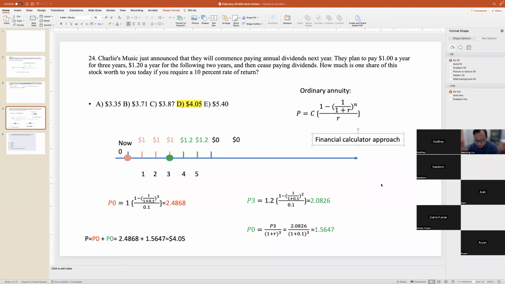And then you go with NPV, right? The I, which is the discount rate, 10%, you enter 10, right? And then you compute NPV, right? Does anyone have any questions on this?